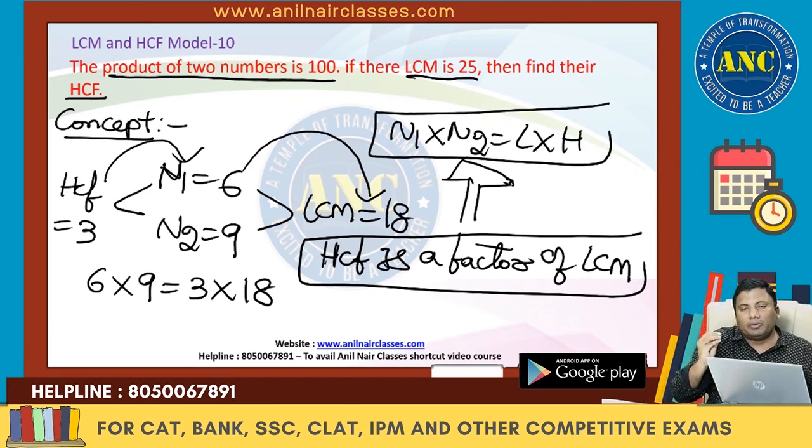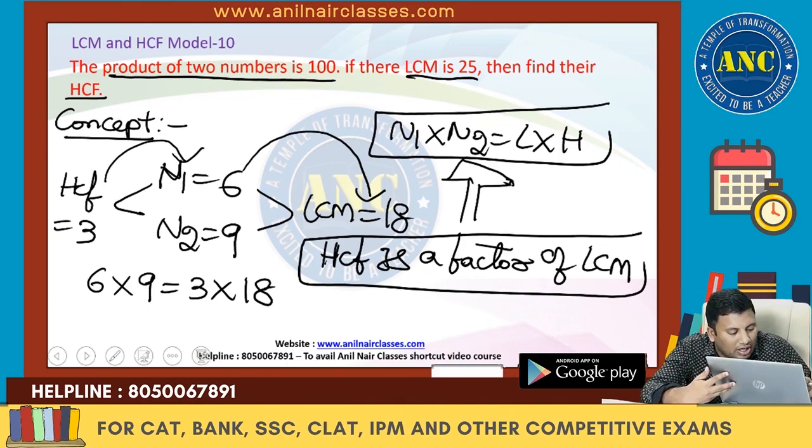It does not matter which formula you are using. HCF is a factor of the number, the number is a factor of the LCM, so HCF is a factor of the LCM.